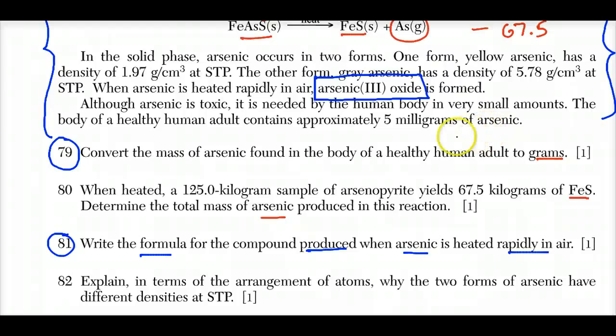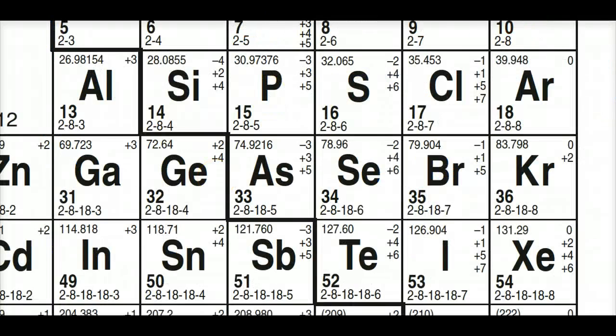Okay, so they want the chemical formula. Well, this Roman numeral 3 means arsenic is plus 3. Now, why would they tell me that? They tell me that because arsenic has two positive charges it can become. The Roman numeral system means that I'm dealing with arsenic plus 3.